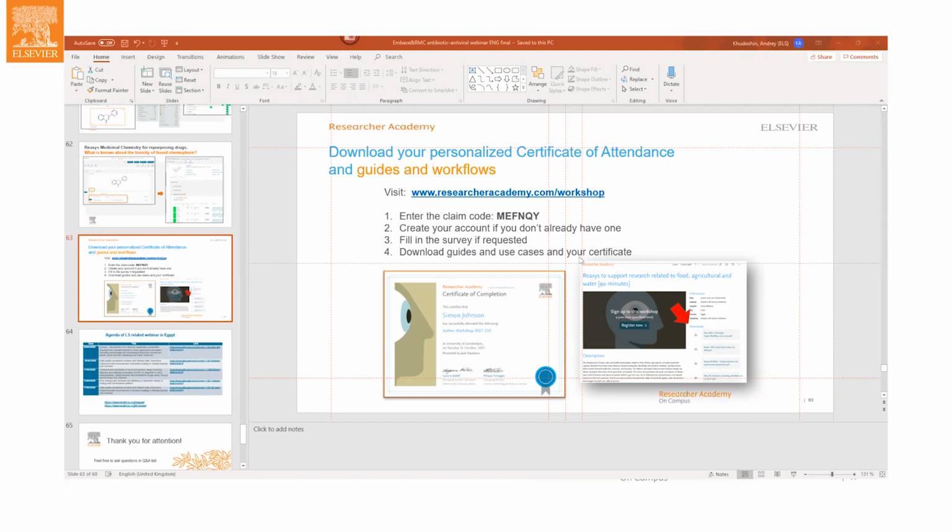Previously, 2 days ago, we explained how this solution can be used, for example, for agricultural research, because Reaxys medicinal chemistry really covers the targets from plants, from animals, and you can use it as well.